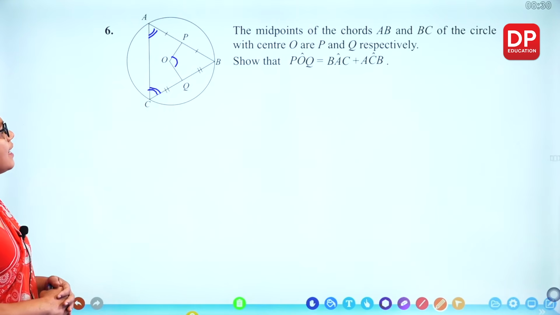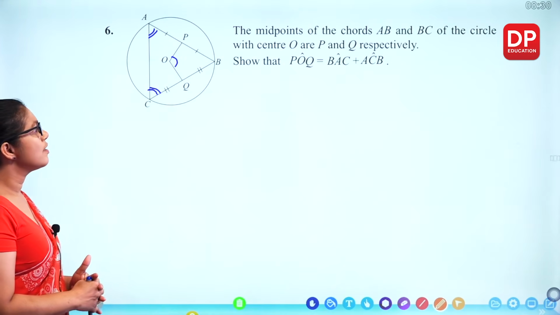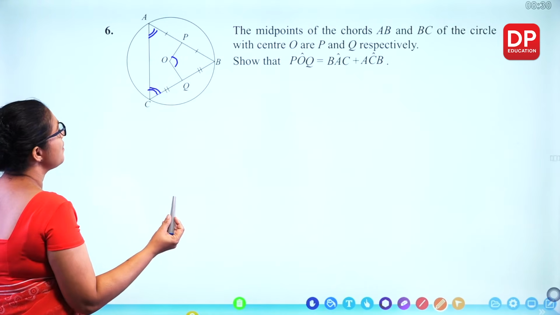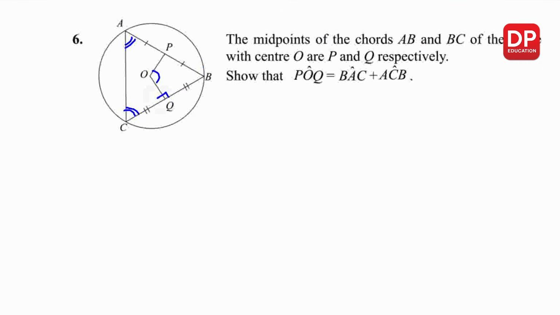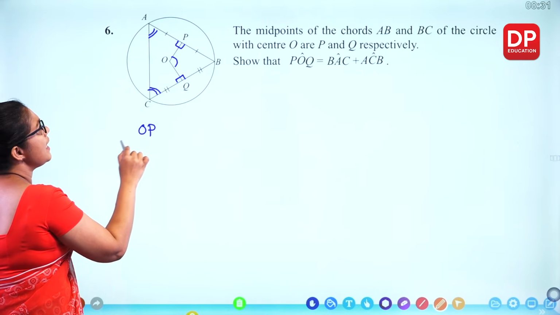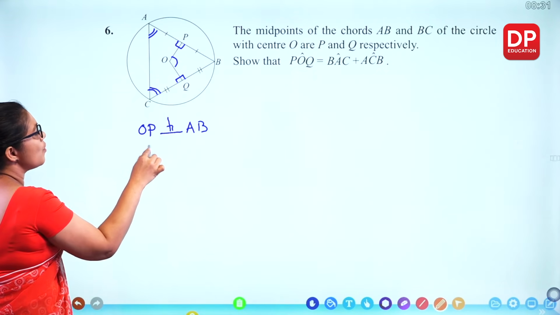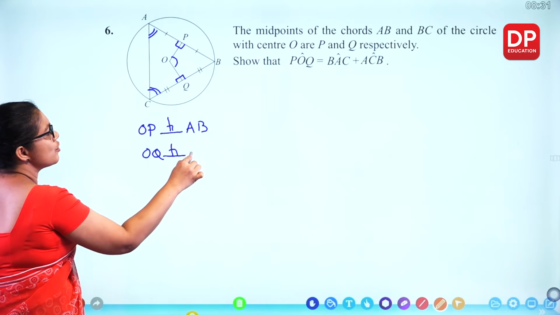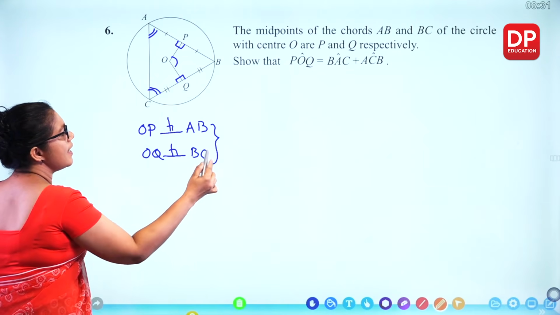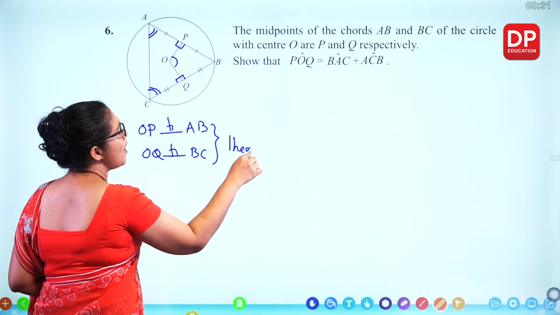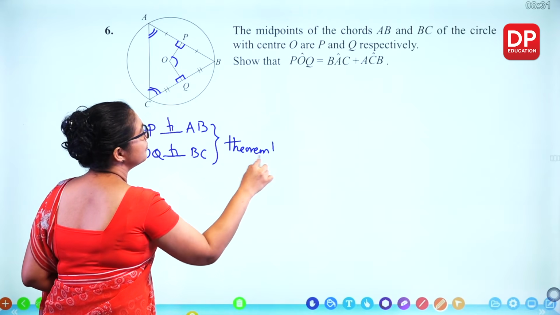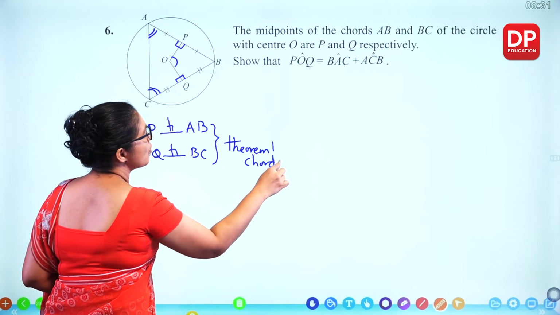So here again, this is about chords. You can straight away write down, this is 90 degrees. OP perpendicular to AB as well as OQ perpendicular to BC, related to theorem number 1 about chords.